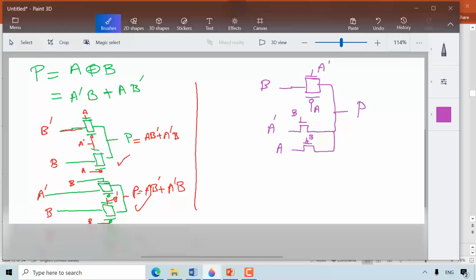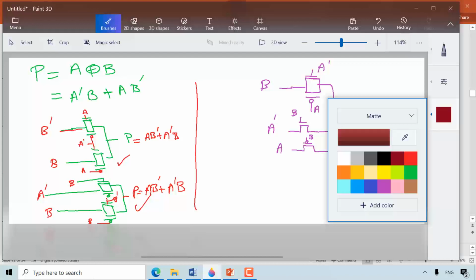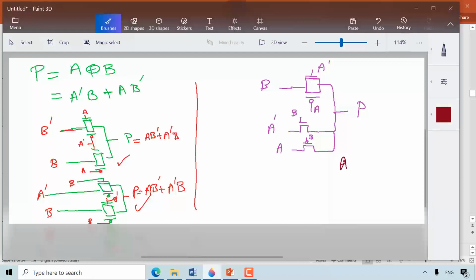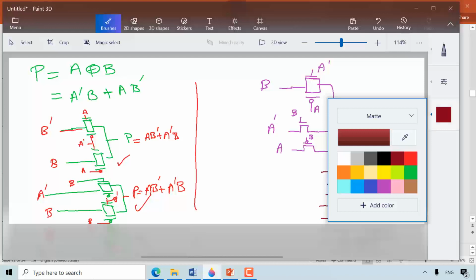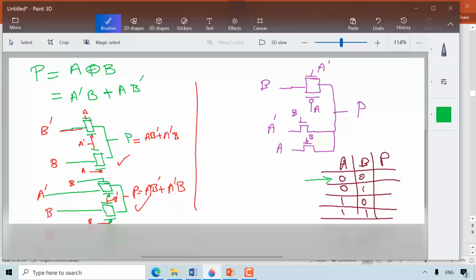Now, you can see what we have at hand here. So let's take a look at our truth table. I have A, B, and let's see what we are generating. So 0, 0, 0, 1, 1, 0, 1, 1. Let's take the first case, when both A and B are zeros.